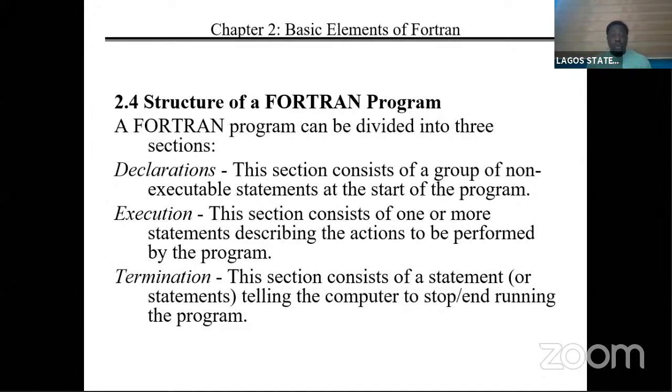Now we have gone into the basic structure of the Fortran statements. But let us look at the structure of the Fortran program. The program itself, let's look at the structure. In Fortran, a program can be divided into 3 sections. Within the same program, there are 3 sections.